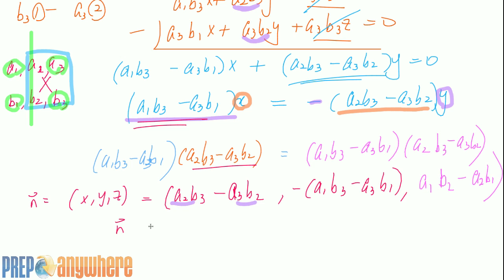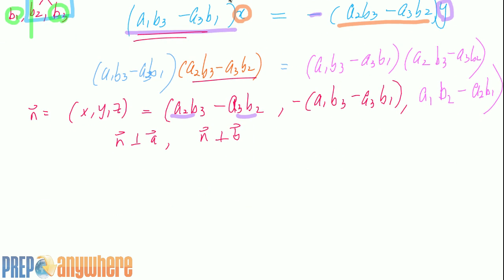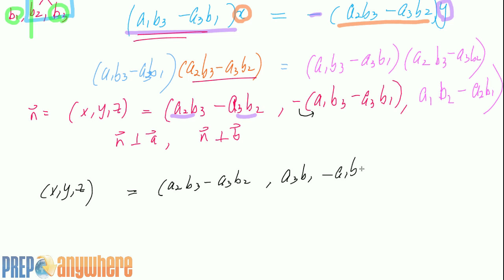We know because of the way we derived it, it's perpendicular to both A and B at the same time. So if I were to multiply this negative in, I get x, y, z is, let's just multiply it in, and we get a3 b1 minus a1 b3, a1 b2 minus a2 b1.